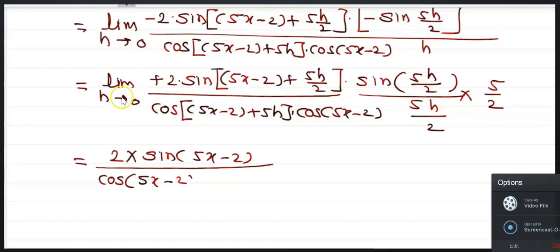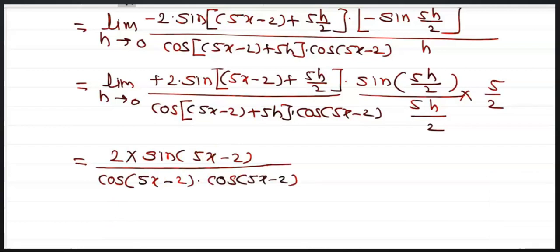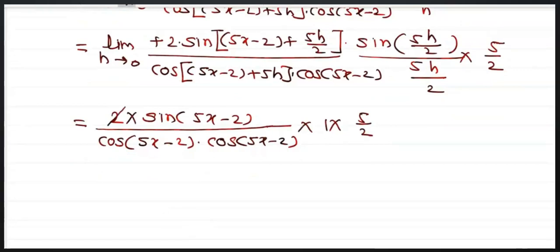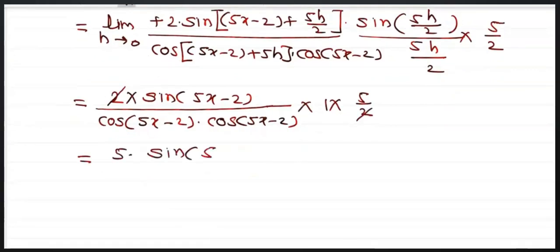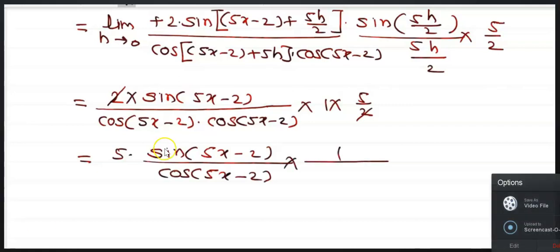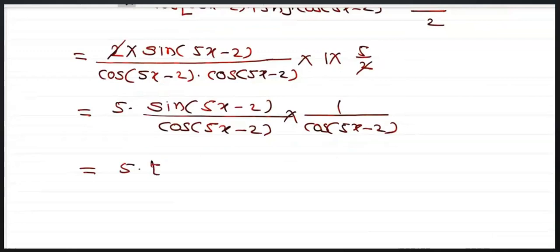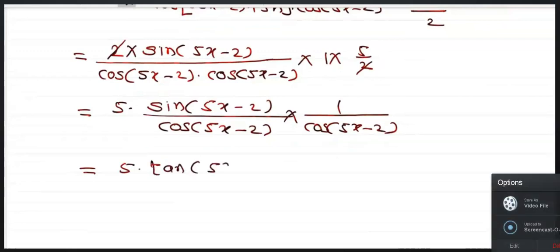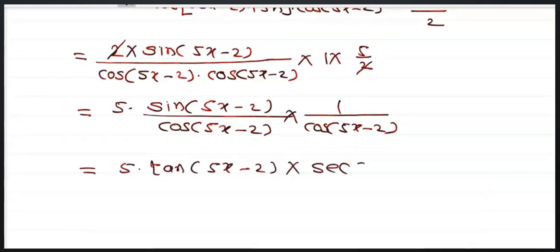Then you will get 2 sine of phi x minus 2 upon cos of phi x minus 2 into cos of phi x minus 2. That is 5 sine of phi x minus 2 upon cos of phi x minus 2 into 1 upon cos of phi x minus 2. Then that is 5 tan of phi x minus 2 into sec of phi x minus 2, and this is the derivative.